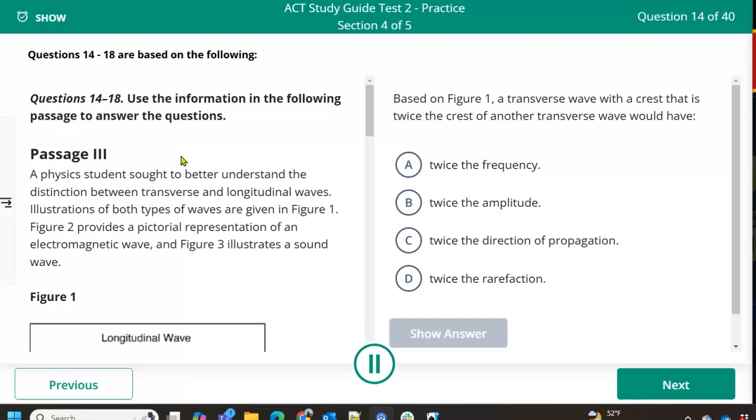Okay, let's see. A physics student sought to better understand the distinction between transverse and longitudinal waves.